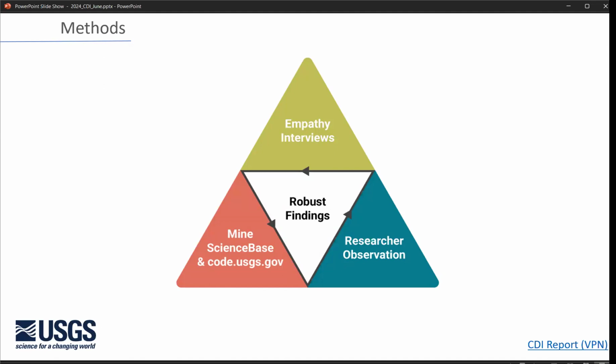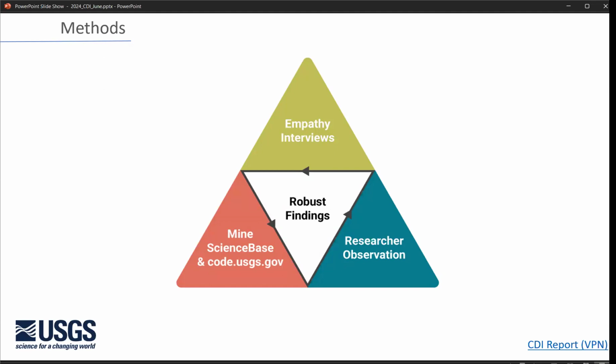To investigate patterns in how data and code are released, in the second component of the project, we examined data releases in the system USGS uses called ScienceBase. That looked at a set of data releases for a year's worth of science data publication, and we scraped all of that out using an R workflow.